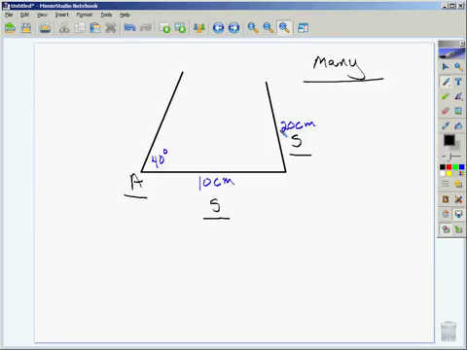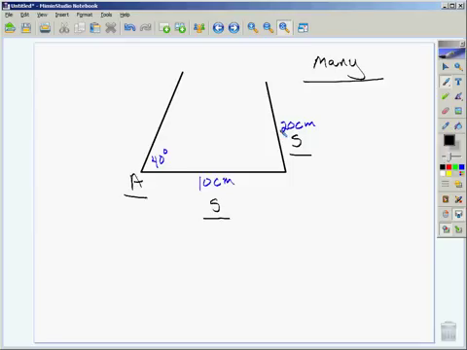So, one of four rules has to be true. Side, side, side; side, angle, side; angle, side, angle; or hypotenuse leg. If it's side, side, side, you have to check to see if the triangle actually exists or not. And you do that by adding two sides together and seeing if it's greater than the third side.